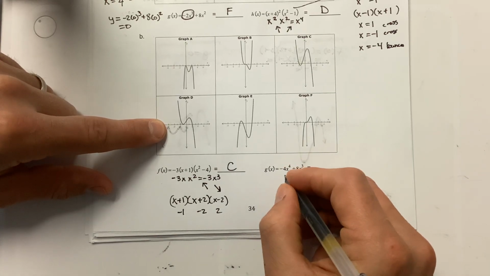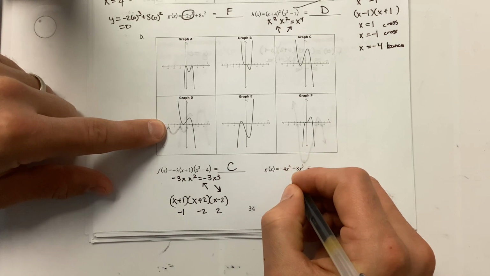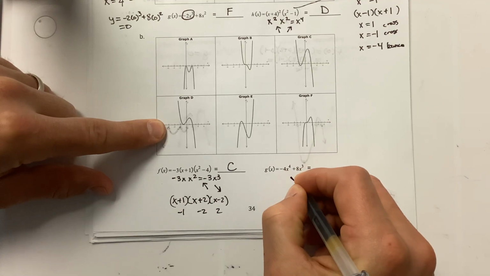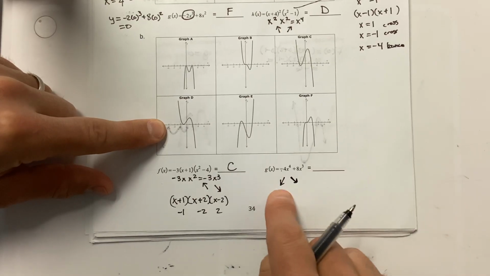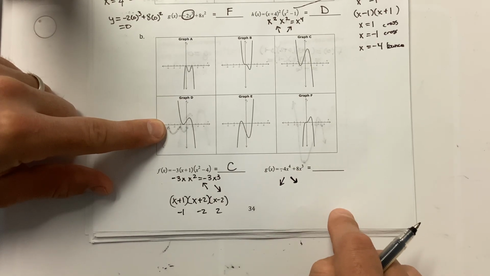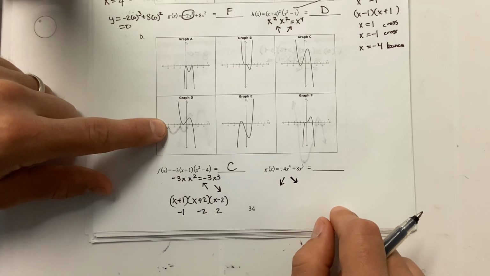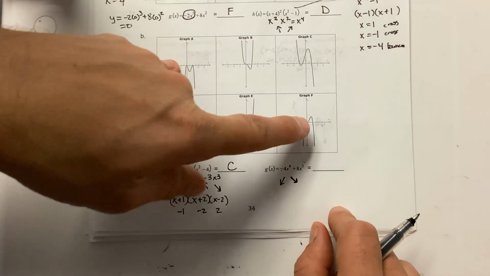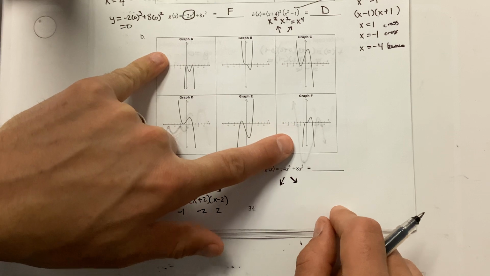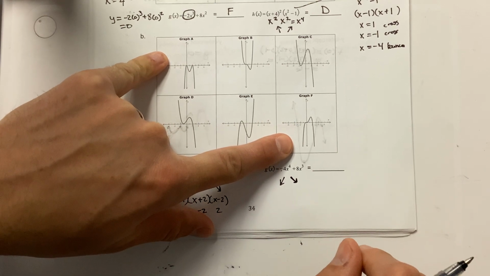Okay, on this one over here, the end behavior is going to go down on the right-hand side because it's negative, and then it's going to go in the same direction on both sides because it's an even end behavior. So we can eliminate this down to just A or F, because those are the only ones with that end behavior.